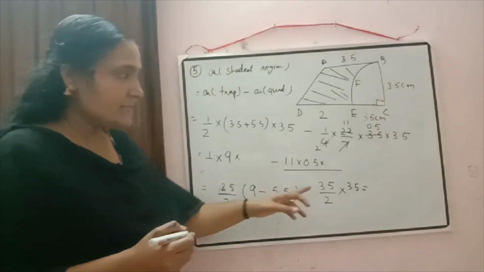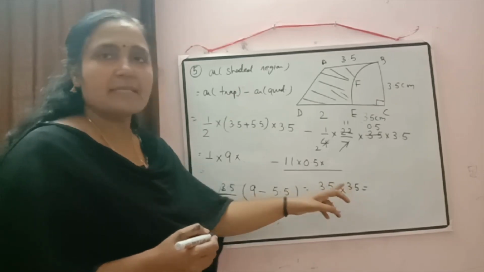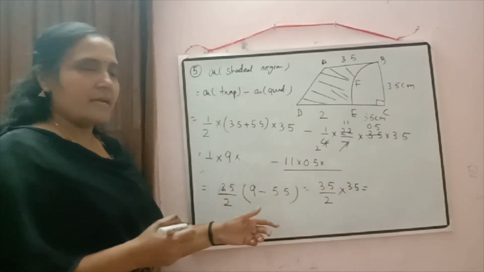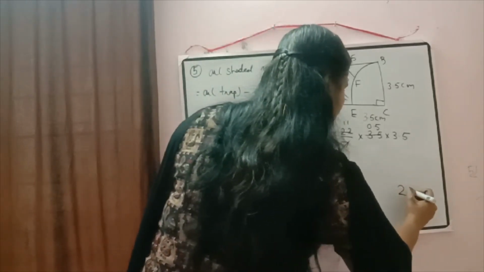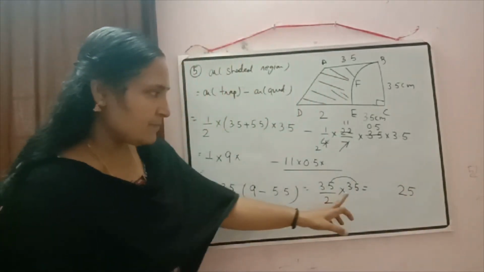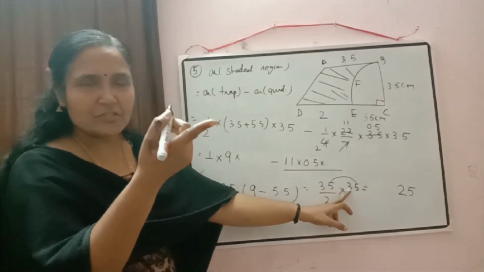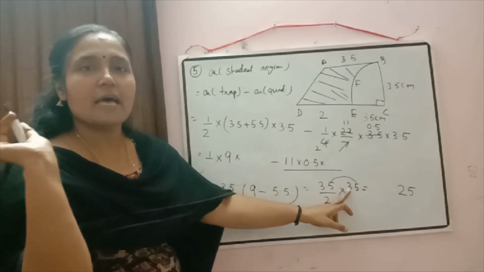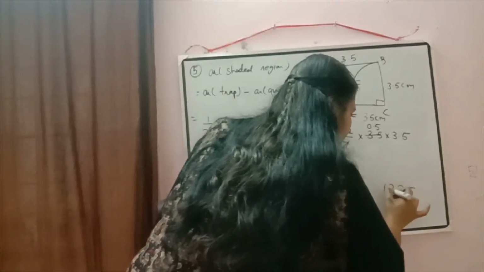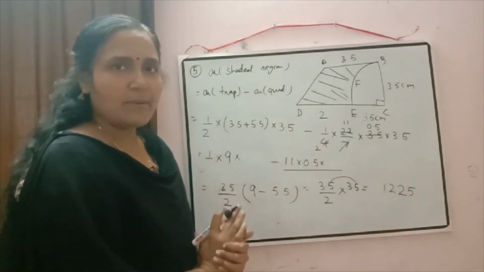Now for multiplication of this type of number, when 5 is in the unit place and the two numbers are the same, there is an easy method. 5 5s are 25, directly write that down. Then the common number here is 3, and the number next to 3 is 4, so multiply 3 and 4. 3 4s are 12. So 35 into 35 will be equal to 1225.